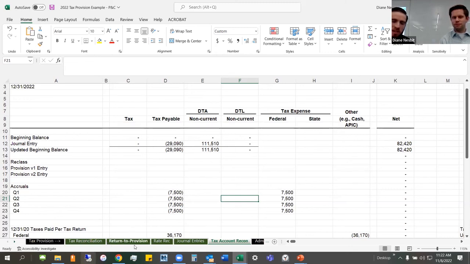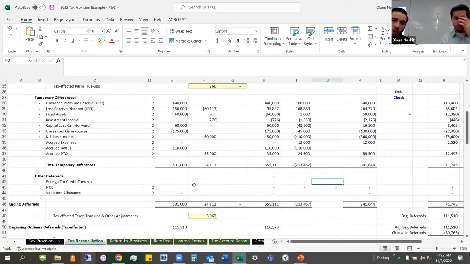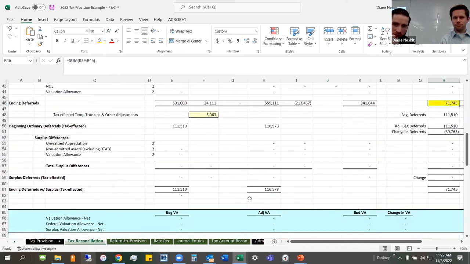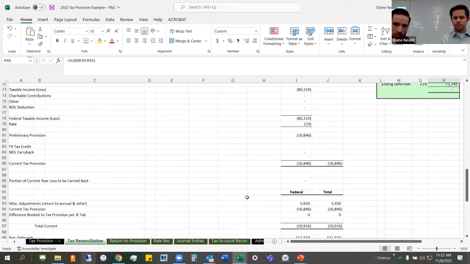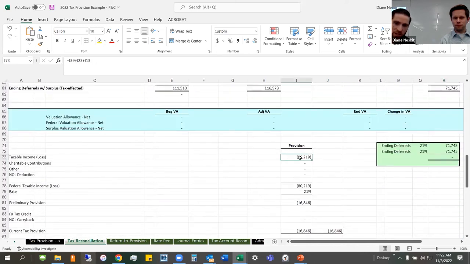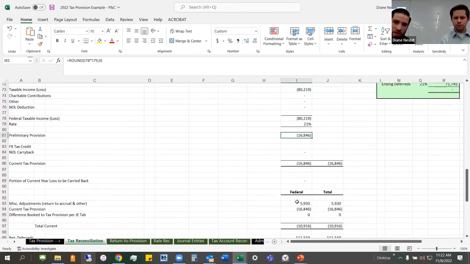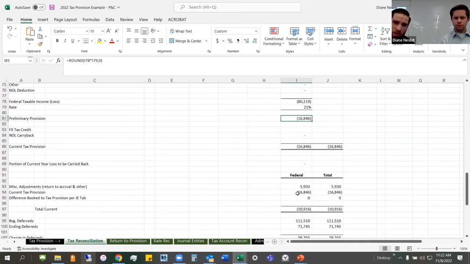So basically at this point, after step 4, we've come up with our ending deferred. We feel pretty comfortable that this should be in our financial statements. If we go down to our taxable income calculation, there's our taxable loss, so this is like a tax benefit.